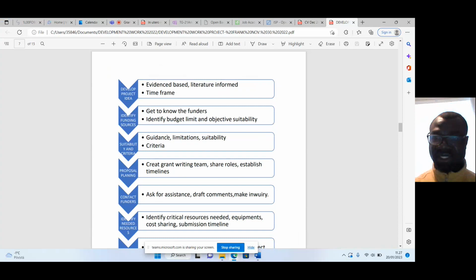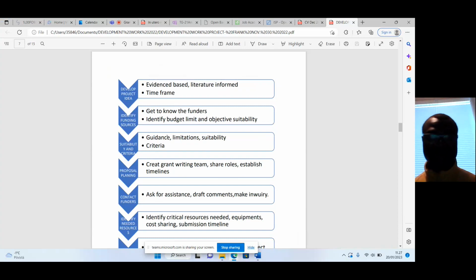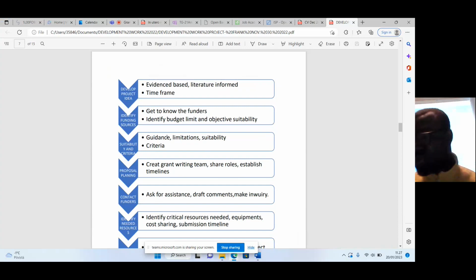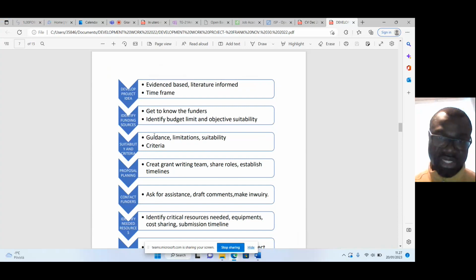Sometimes they have limitations that people from these countries cannot apply, people from these fields cannot apply, people after these years of graduation cannot apply. So we need to know all this so that we don't work our heart out and eventually we are classified among the non-eligible applicants, and so our application will not even be reviewed, left alone to have the chances of receiving the funding.